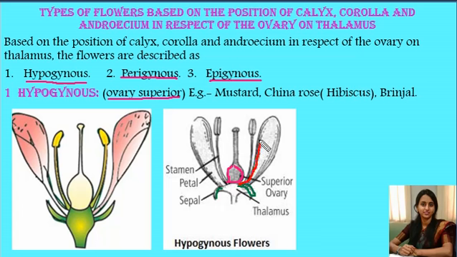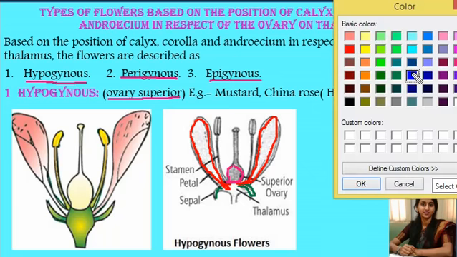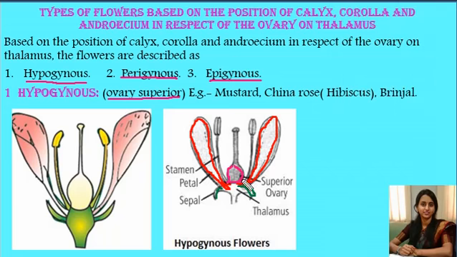This is a petal, and this is also a petal. Then the last one is the stamens. The stamens also arise from the base of the ovary, or they are situated below the ovary. This is one stamen and here it is another stamen.